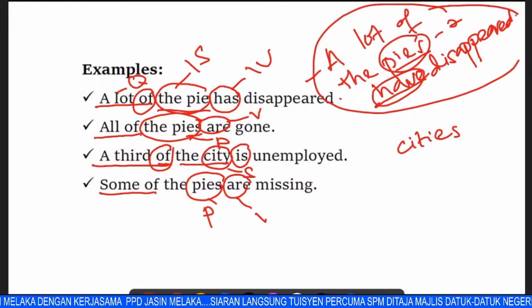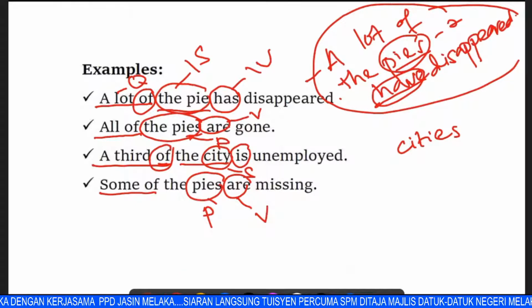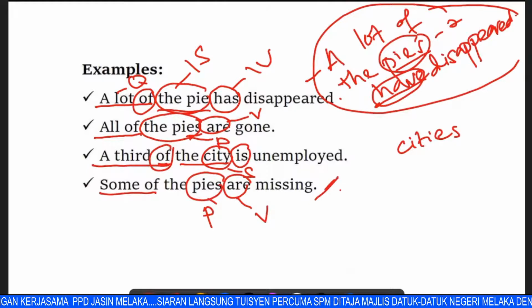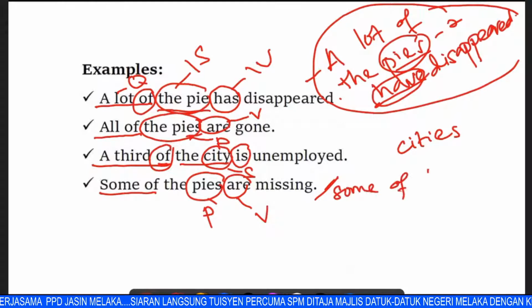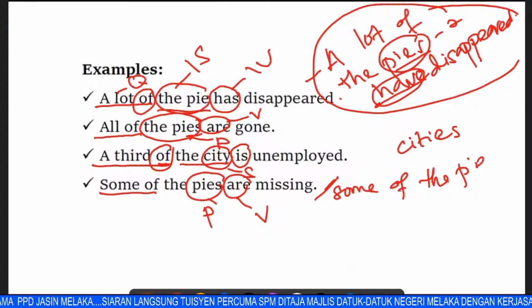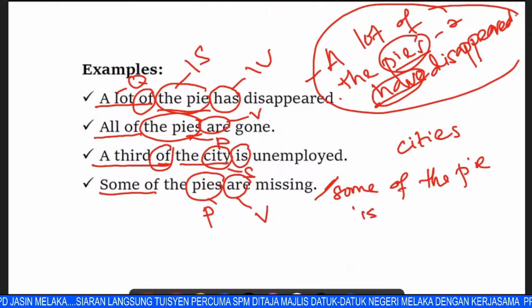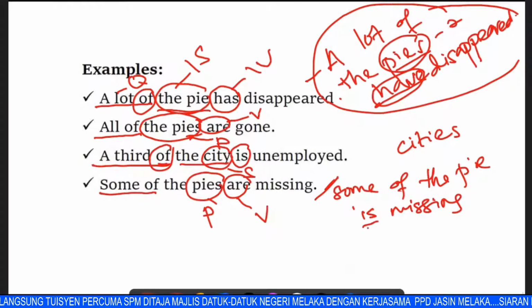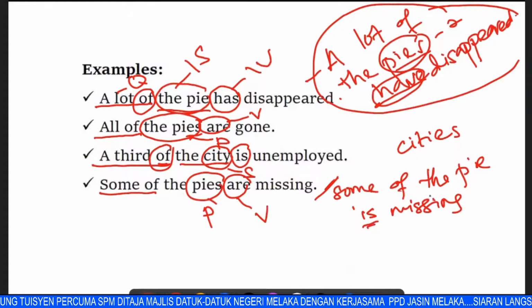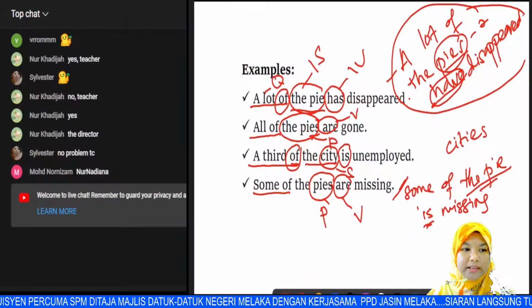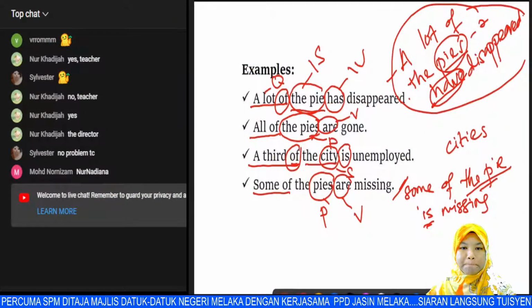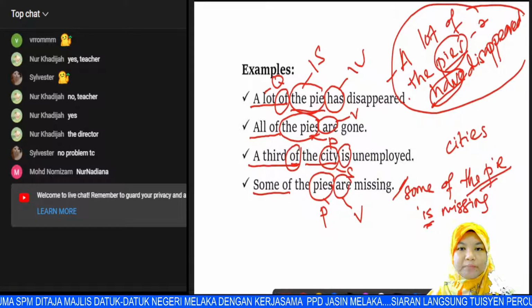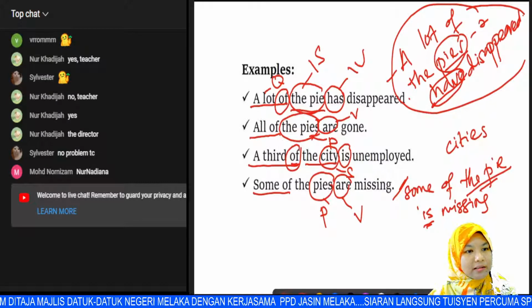Here I can also change it to become some of the pie is missing. I can change the subject and complement it here. As long as you complement it, it will make your sentence correct.